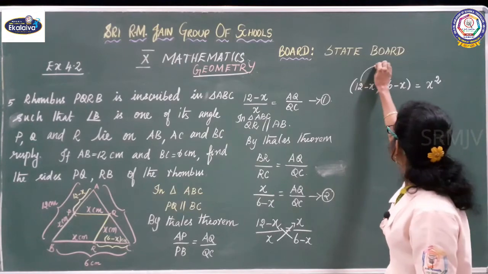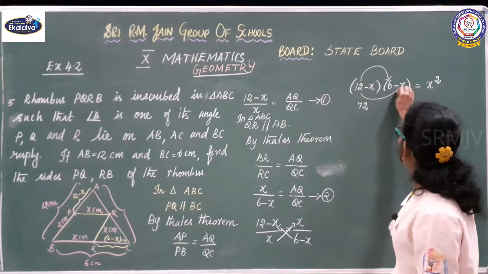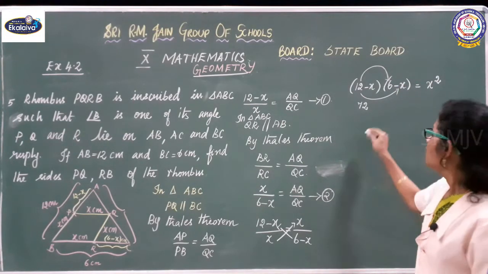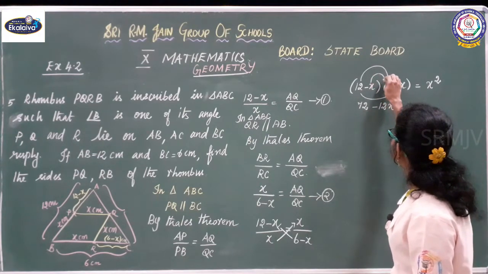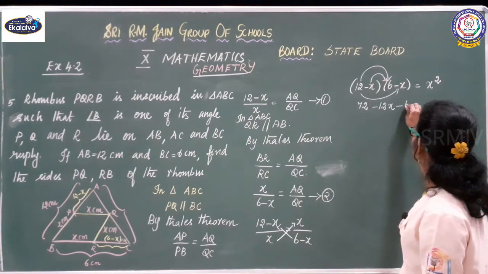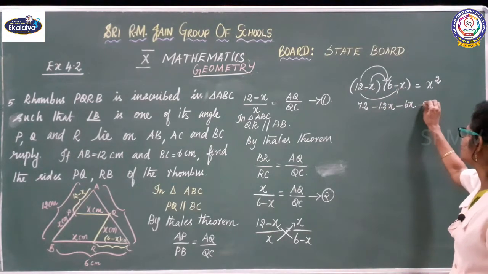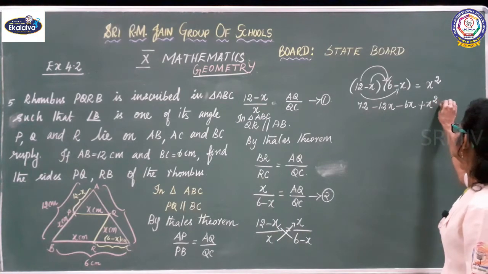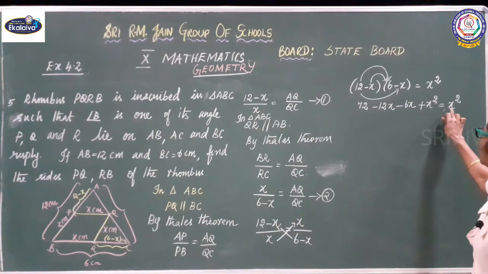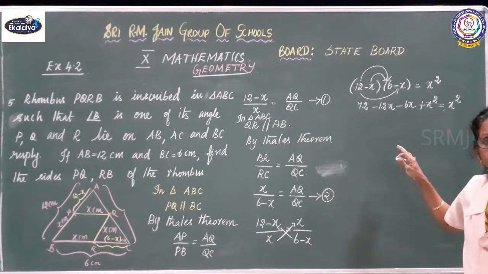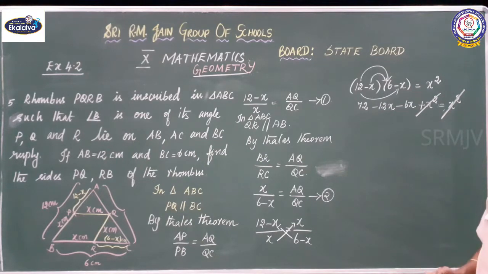Now 12 into 6, 72, 12 into minus x, minus 12x, minus x into 6, minus 6x, minus into minus, plus x square equal to x square. See, in between equal, the coefficient of x square is same, the symbol also same. So, you can cancel, right?